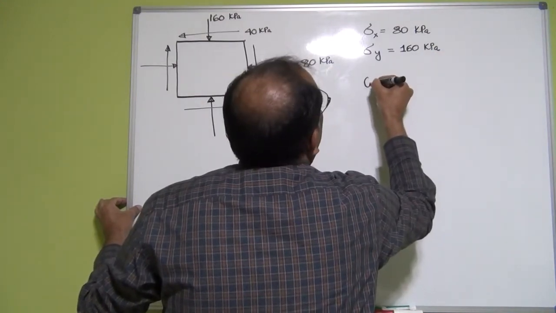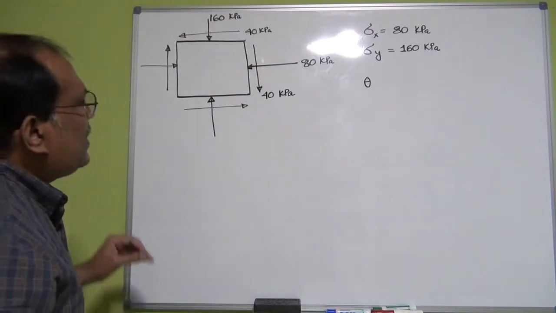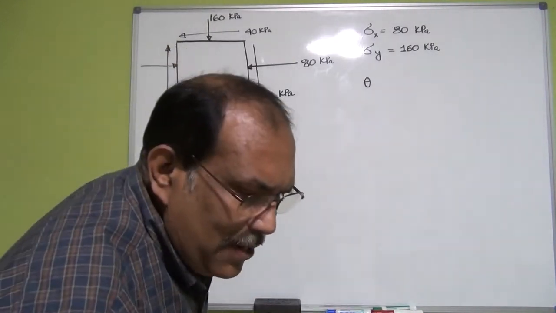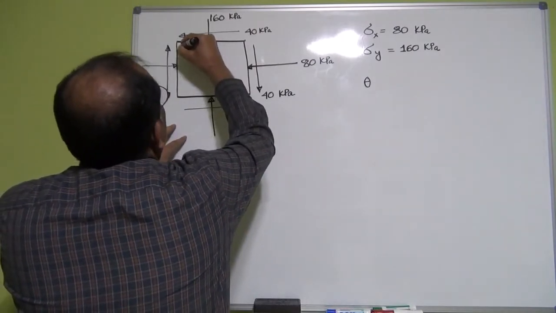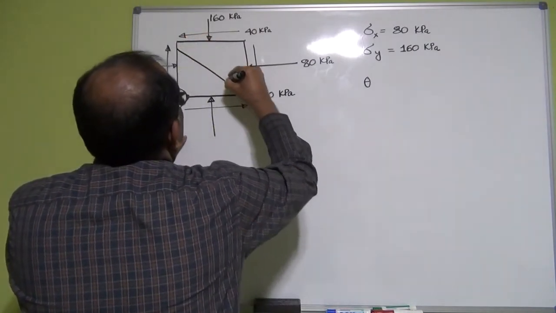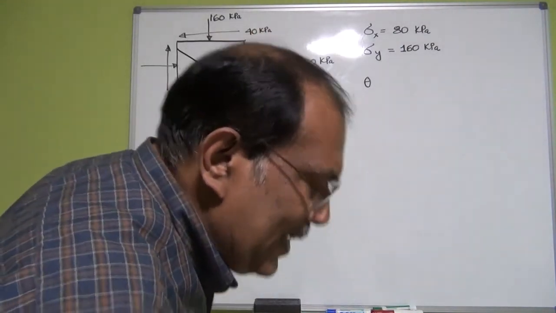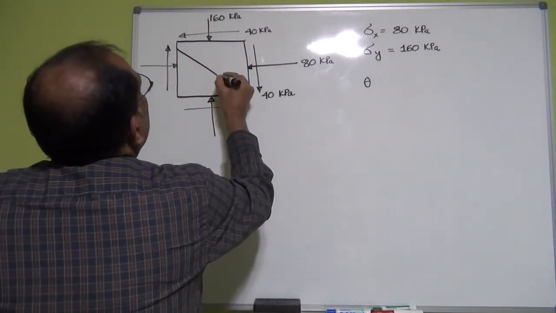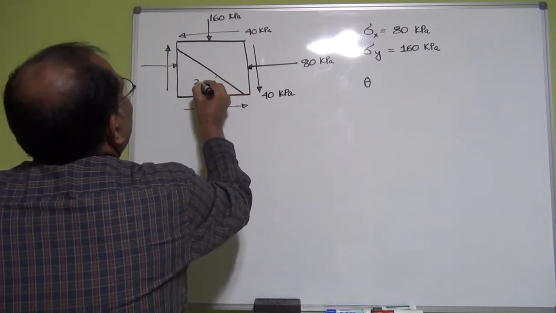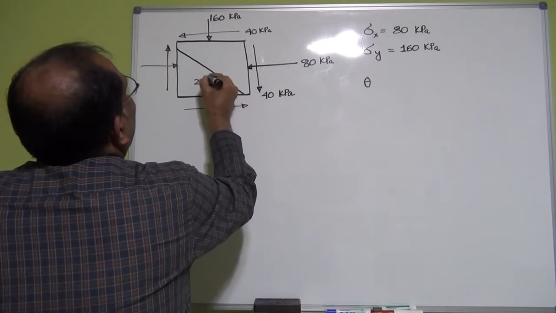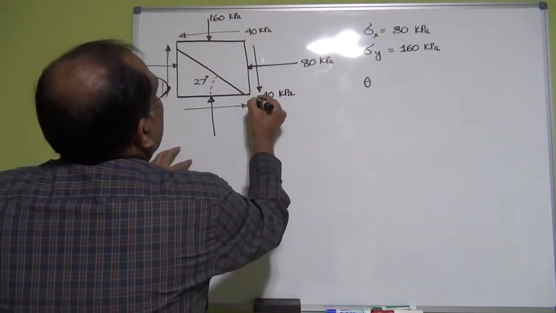Now I have to find that out. If you see in your figure that this one is asking, first of all let me draw that angle here. So they gave you this angle is 27 here. And this plane is AB plane.